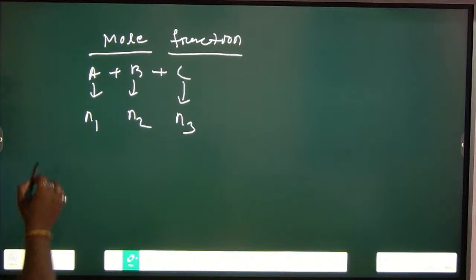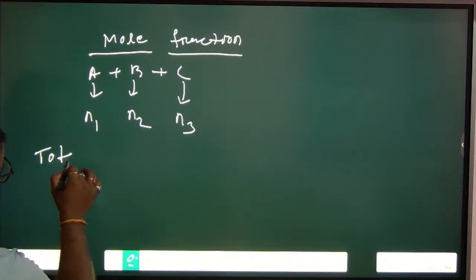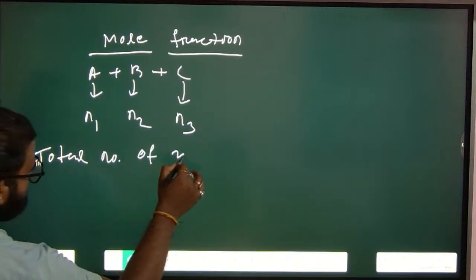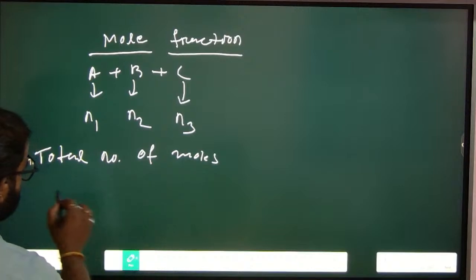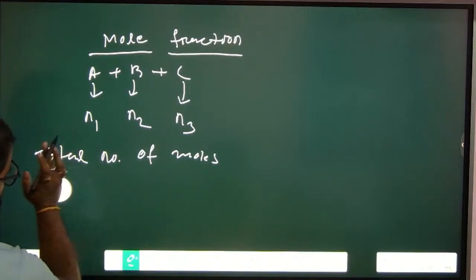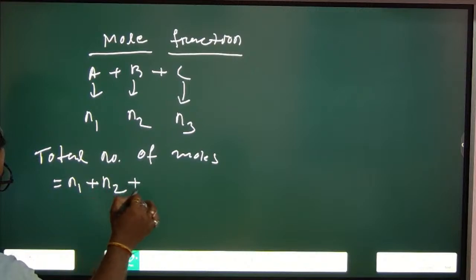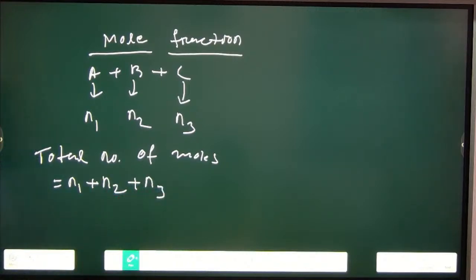So total number of moles equal to N1 plus N2 plus N3. Clear?